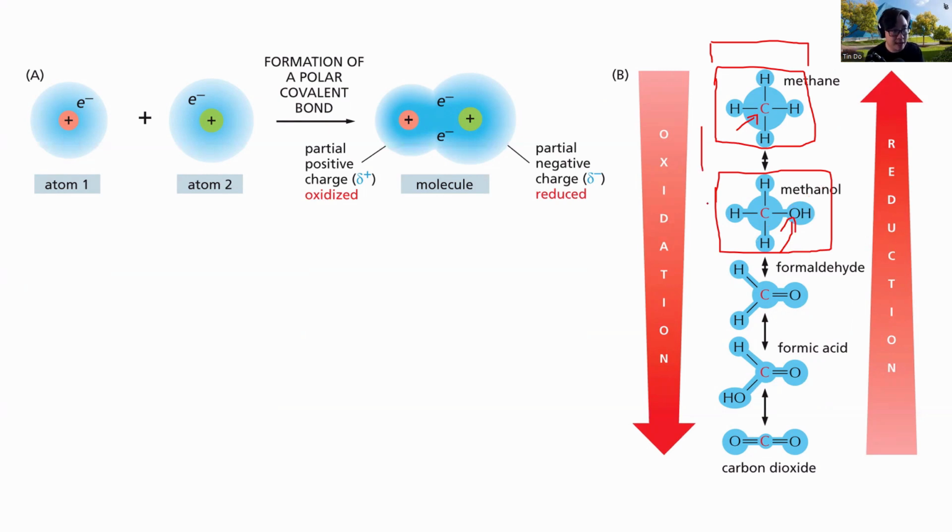So as we move down this chart, oxygen is pulling more and more electrons away from carbon. And as we remove those groups and reintroduce hydrogen, the electrons will return to being more probable around the central atom.